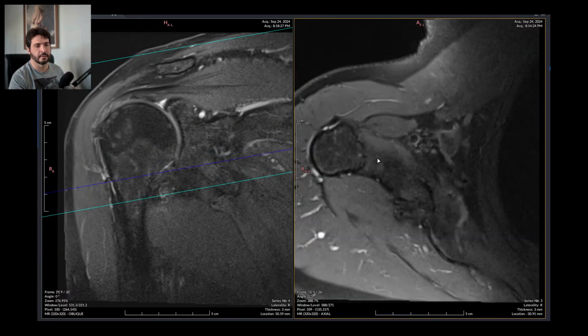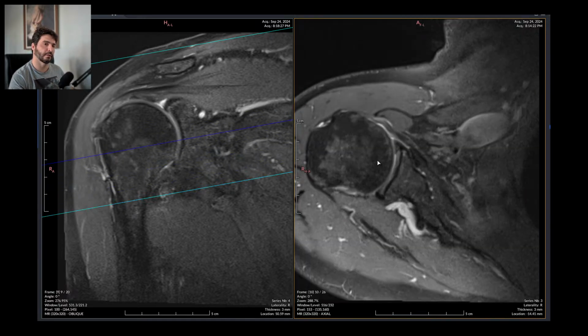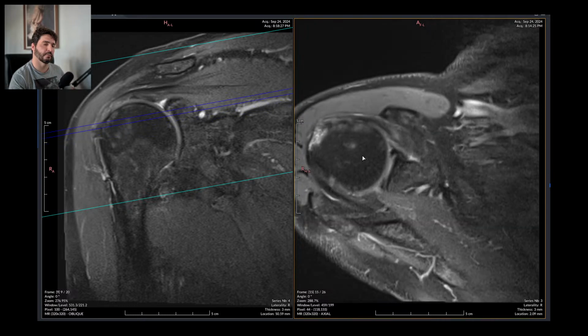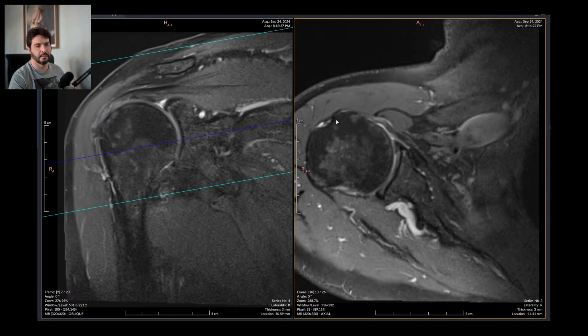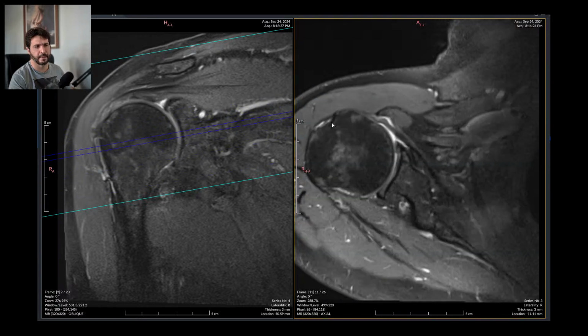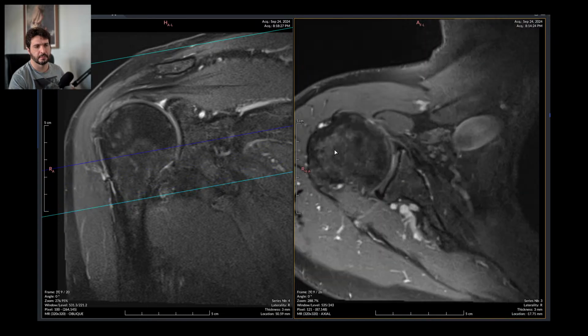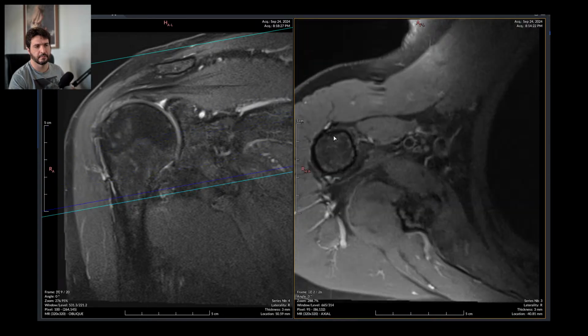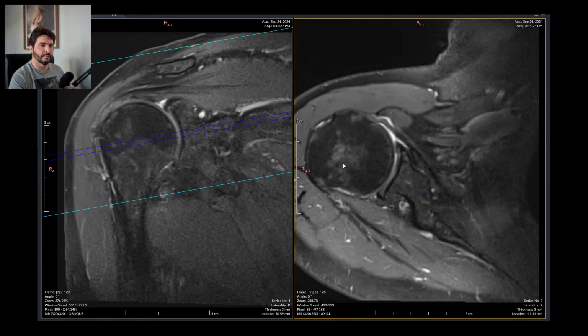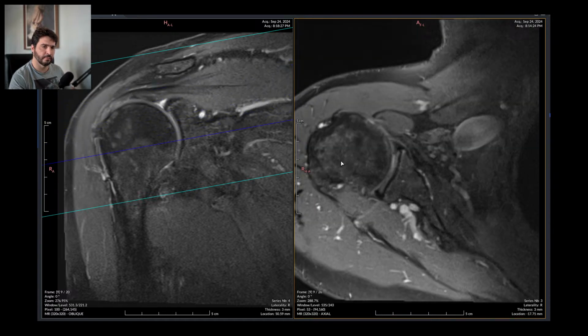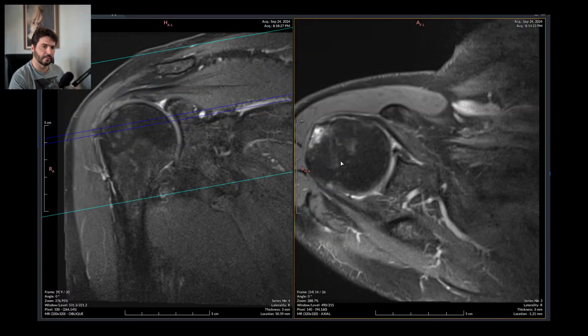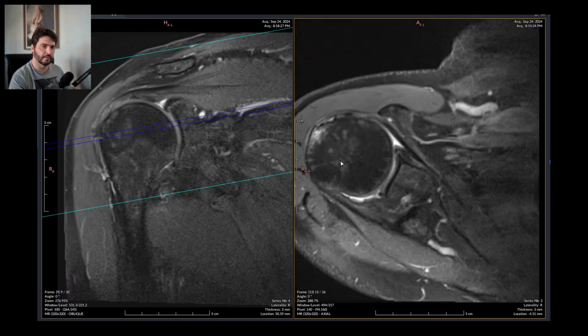The distal tendon is ruptured, and the bicipital sulcus is all empty, just some liquid right there. So we have a complete tear of the tendon of the long head of the biceps.